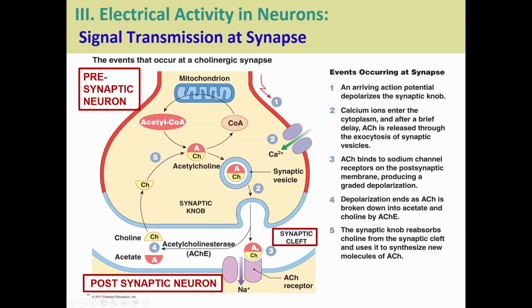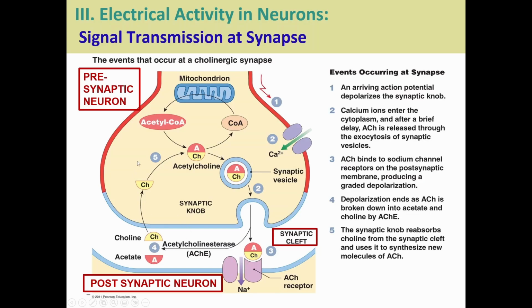Now, we don't want these neurotransmitters hanging out here forever, so we do have enzymes, in this case acetylcholinesterase, to break down acetylcholine into choline and acetate, which then get brought back in and rebuilt, and then we build those vesicles again.